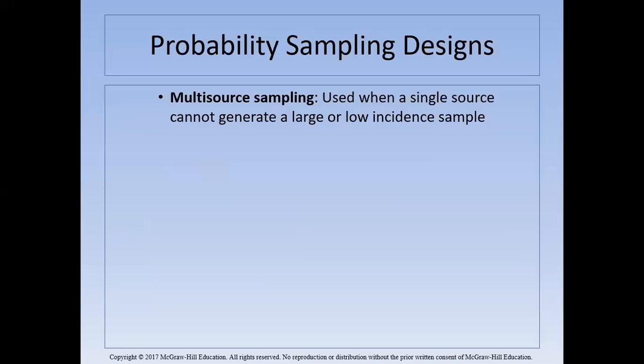Multi-source sampling is used when a single source cannot generate a large enough sample or low-incidence samples. So when a single source cannot generate enough samples, you do multi-sourcing.